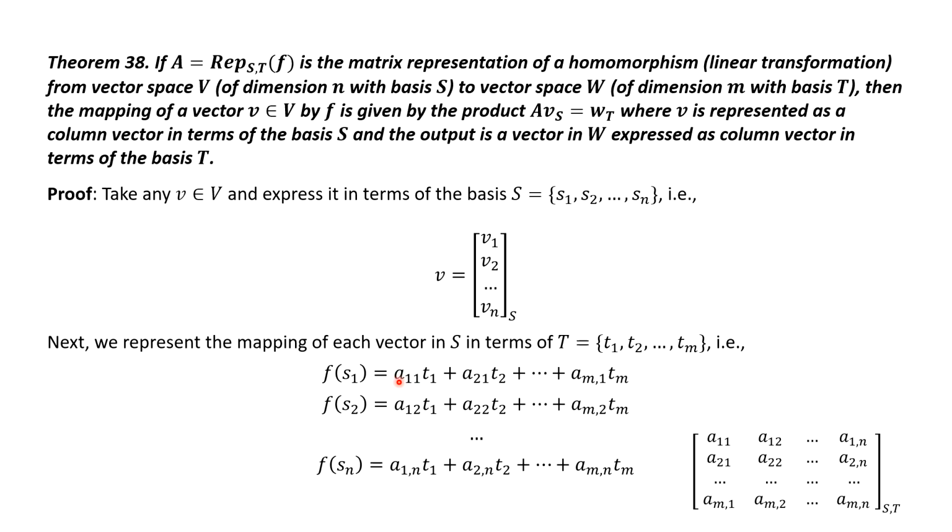And what I wanted you to notice here is the matrix we wrote down on the previous slide, which I've copied here, is populated in this manner. The coefficients from f of s1 make up the first column, coefficients from here make up the second, and so on. And these coefficients make up the nth column. Okay, so let's continue.